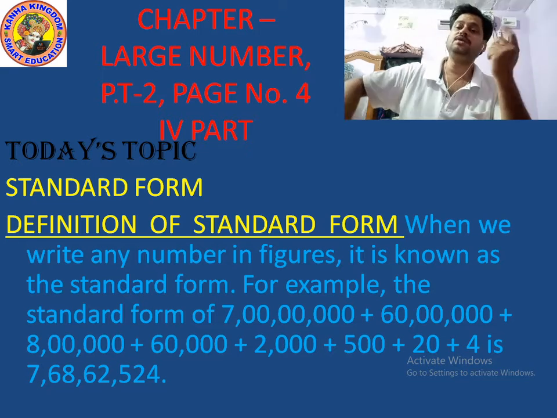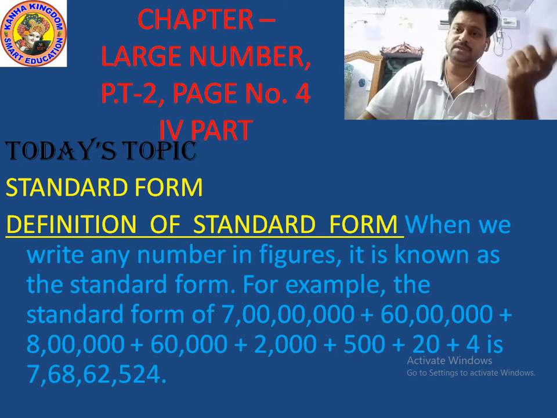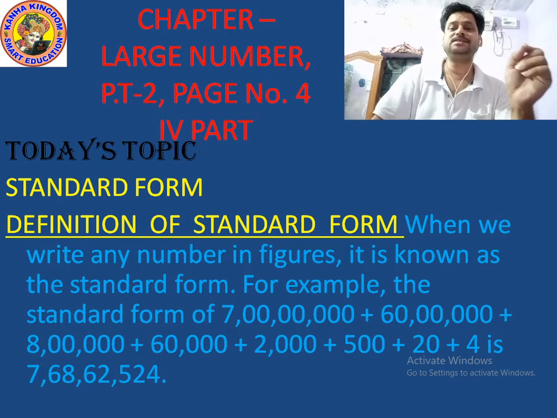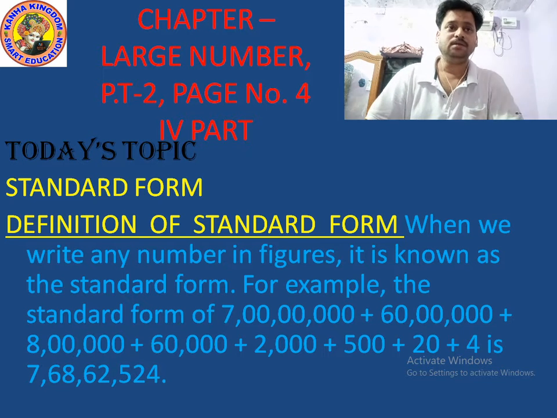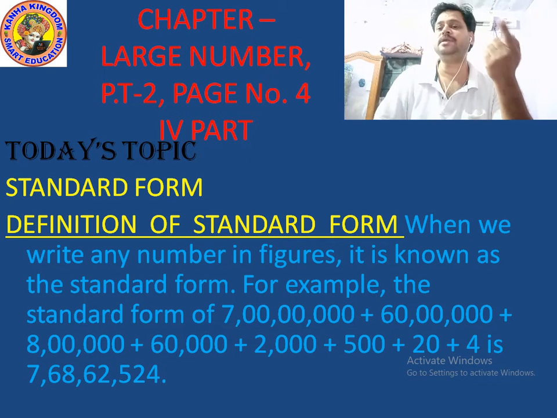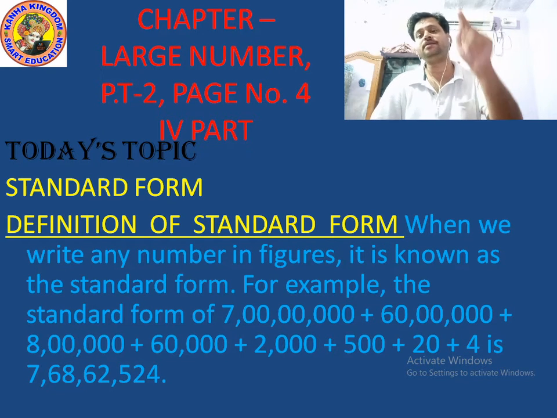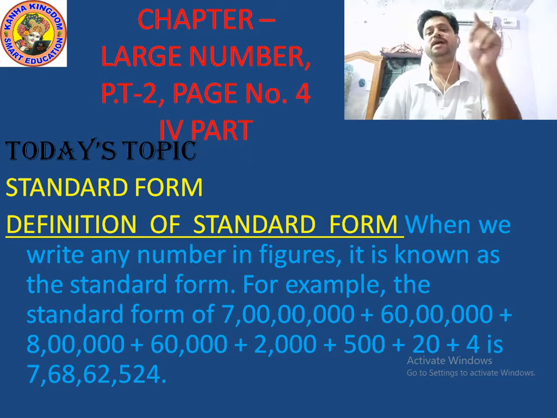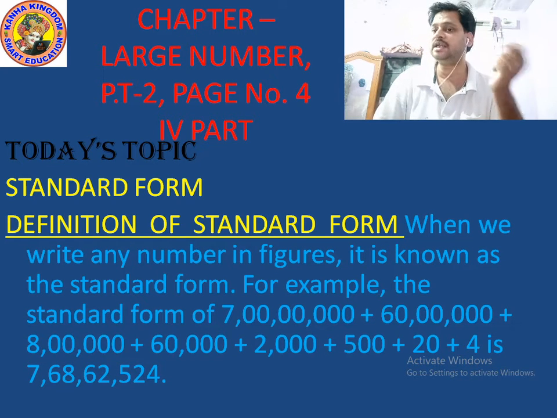How many periods? 3 periods, and the third period is lakhs period. So 60 lakhs plus 8,00,000 means again here 2 commas, and after the second comma a single digit. Again 2 commas means 3 periods, and the third period is lakhs period. So 8 lakhs means 60 lakhs plus 8 lakhs, 68 lakhs.